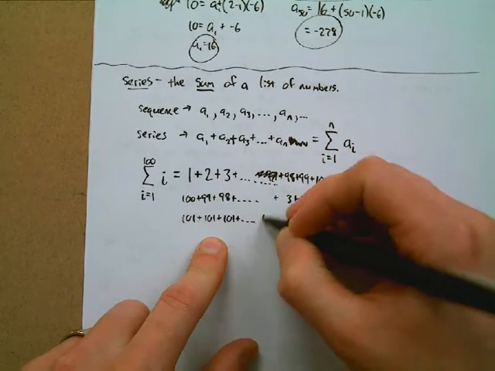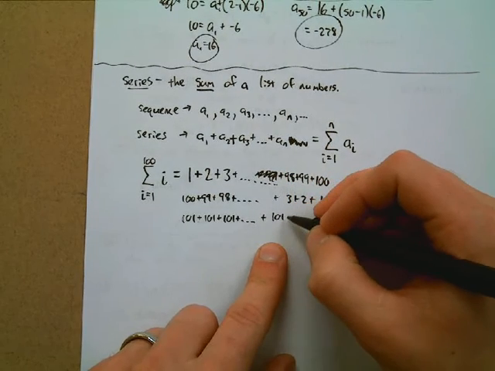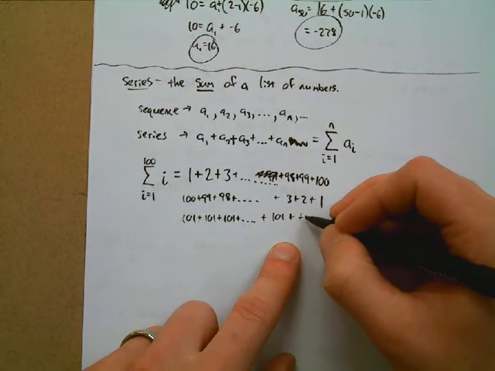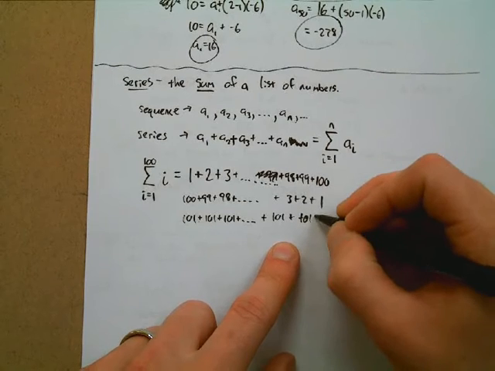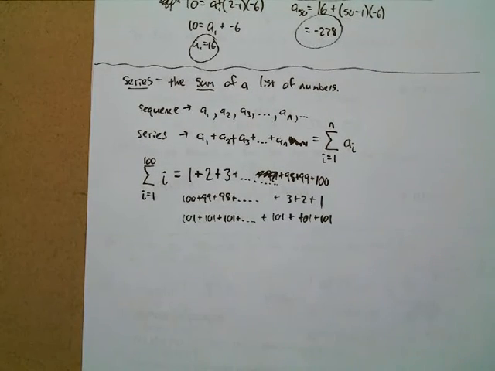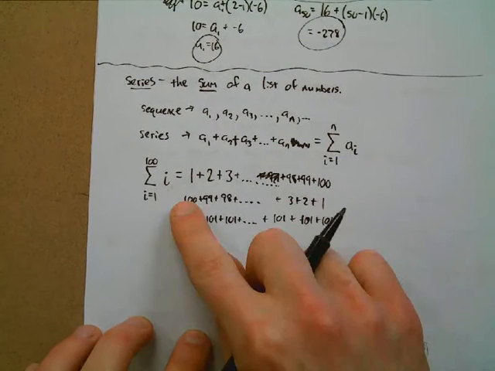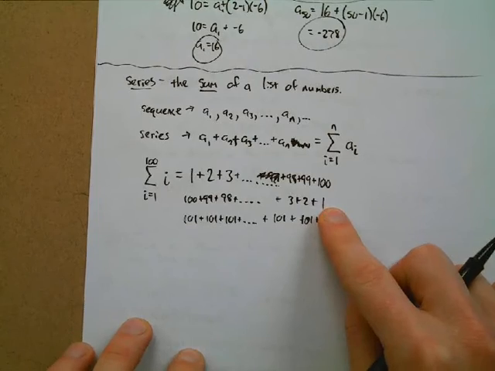We did the original series plus that series again, so it's twice as much as we need, so we'll divide by 2. So I'm just going to multiply by 1/2 out here. And then we can do that much easier, right? And we get 5,050. In fact, that is the sum of that series.